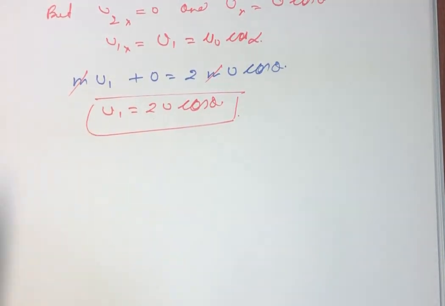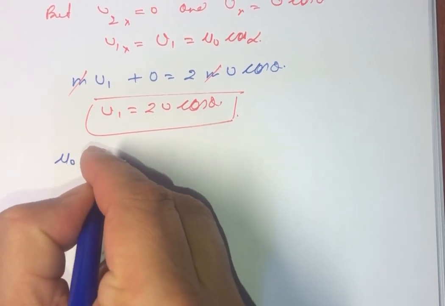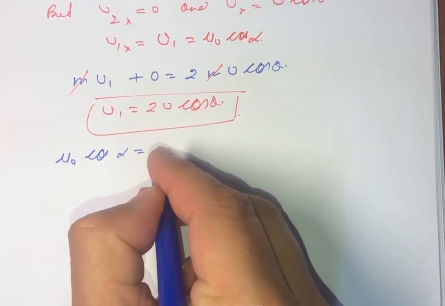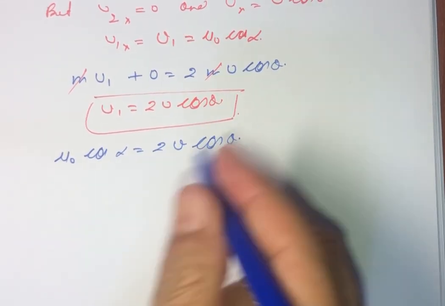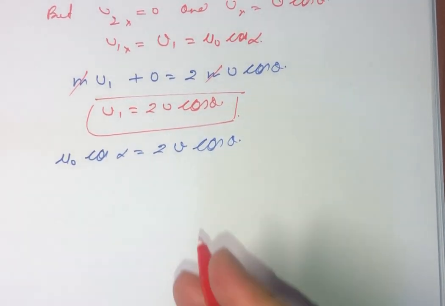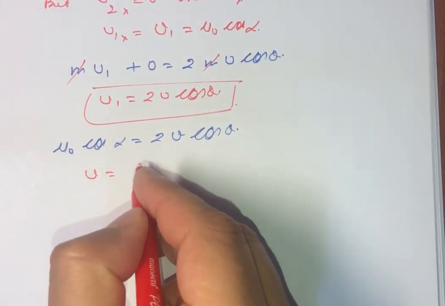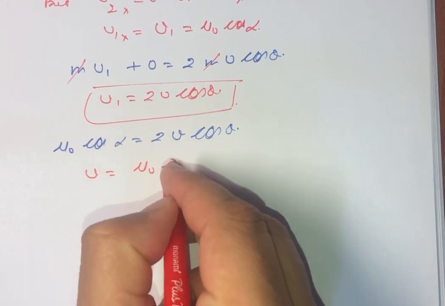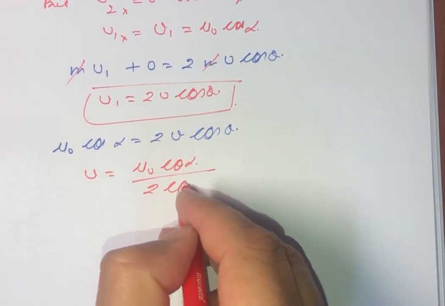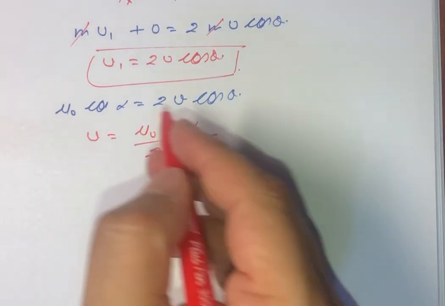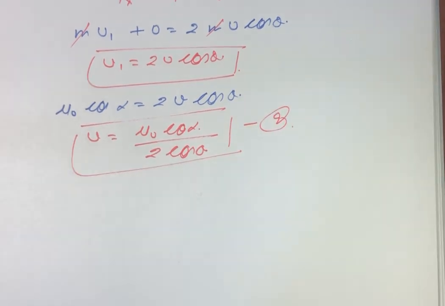So we substitute here, we get u naught cos of alpha is equal to twice v cos of theta. From here we can find out value of v. So v is equal to u naught cos of alpha divided by 2 cos of theta. Let us call this equation number 2.